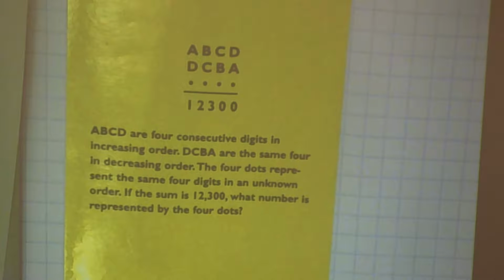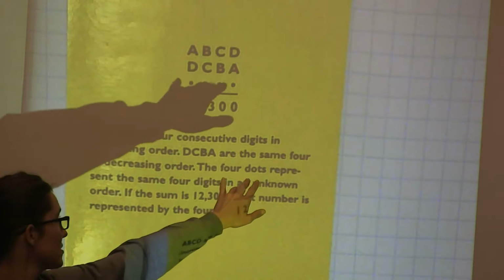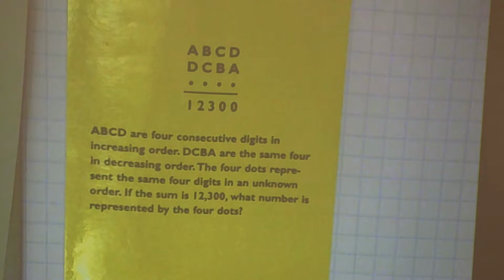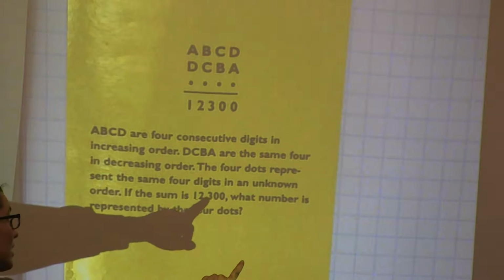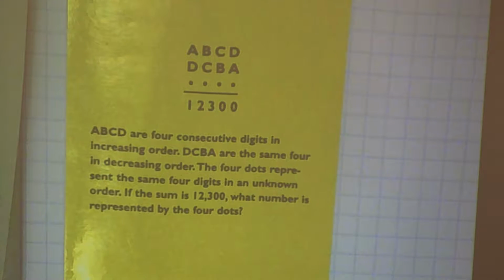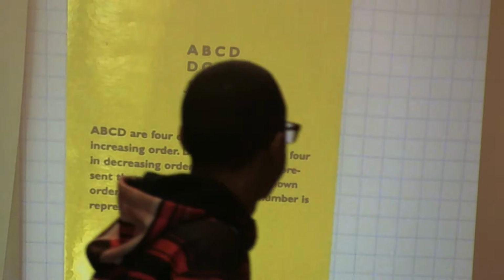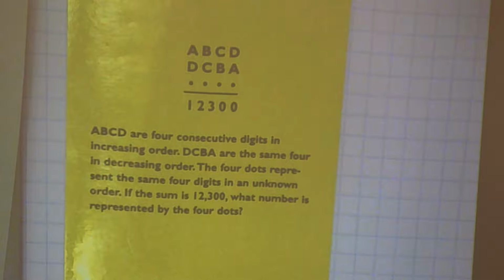And then the 4 dots represent the same 4 digits in an unknown order. So those 4 dots are the same 4 numbers as A, B, C, and D, but in mixed-up order. The sum of those 3 numbers is 12,300. The question is, what number is represented by the 4 dots?